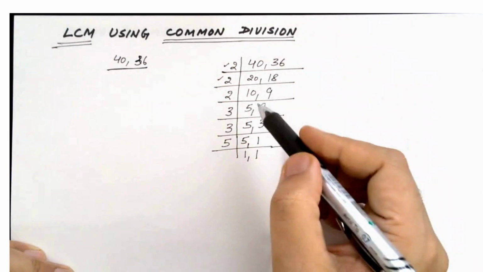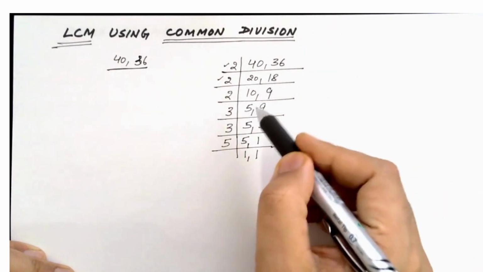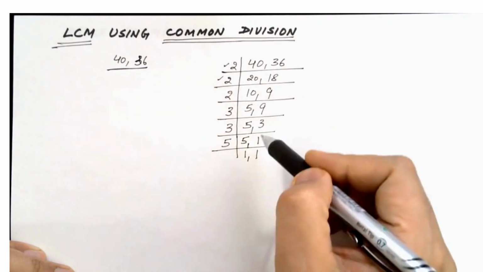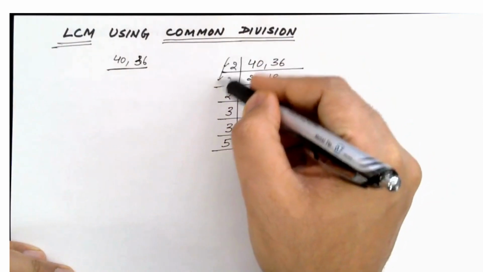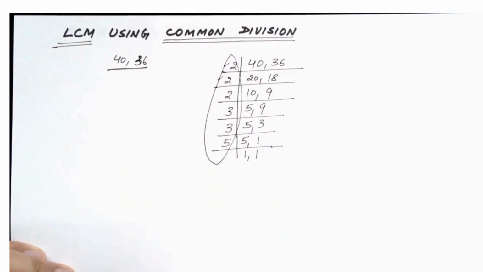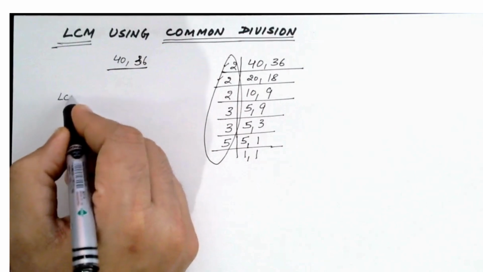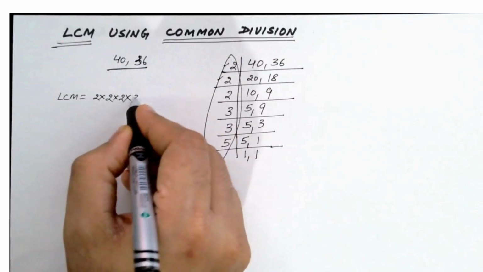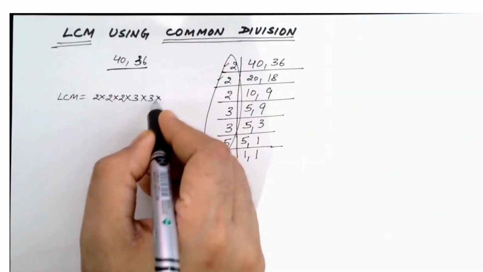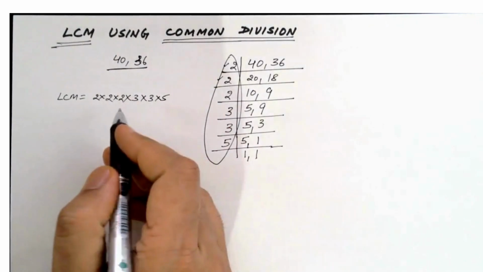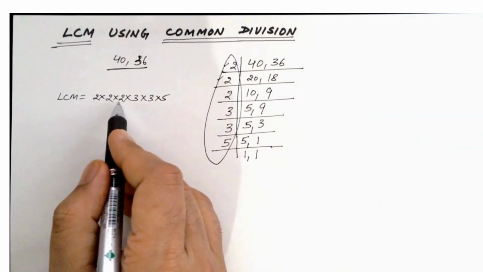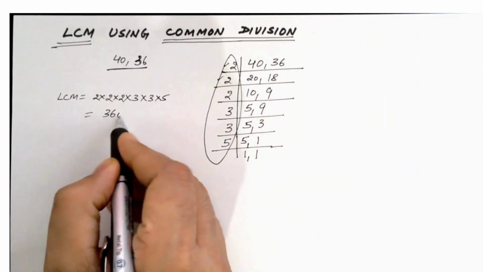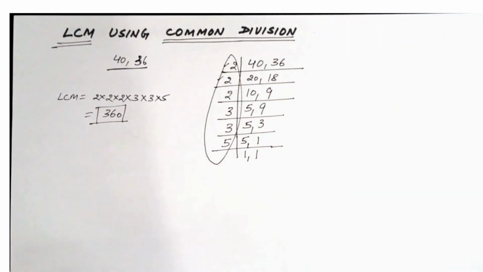These are the prime numbers appearing at least once in these numbers but are not common. So the LCM will be the product of all of these: 2 into 2 into 2 into 3 into 3 into 5. So this is 360, the LCM.